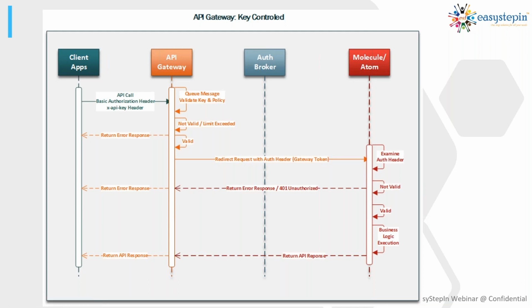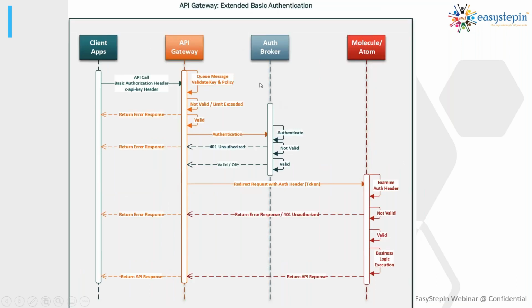Okay, now this is in case of external basic authentication. So we have seen we have installed a broker and added authentication source to it. So here the client application will send the header X API key to API gateway. The gateway validates the key and policy, and if it is not valid, would return error response.